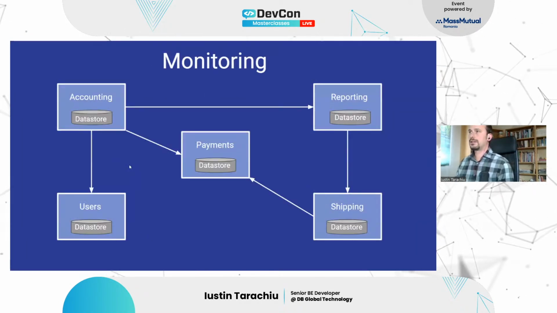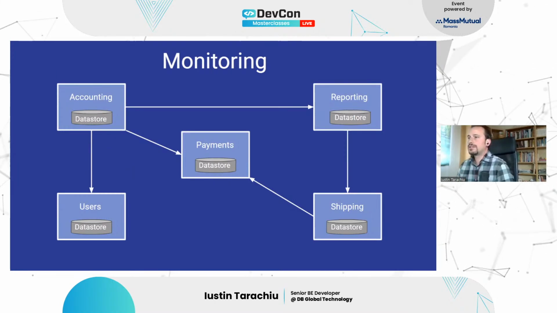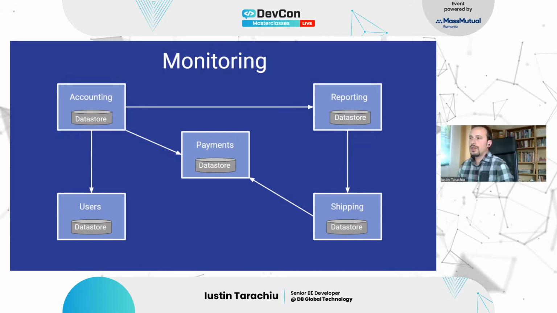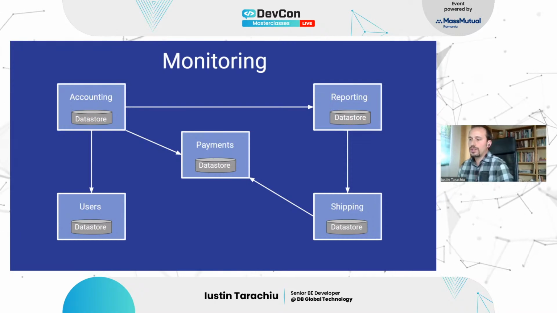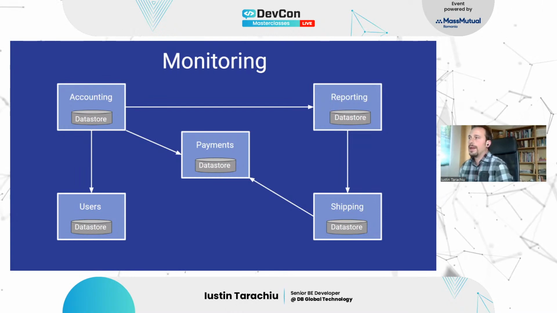Okay, now let's go on with monitoring. When you have so many microservices running, it is very useful to have a tool that shows which are running and which have stopped for whatever reason.